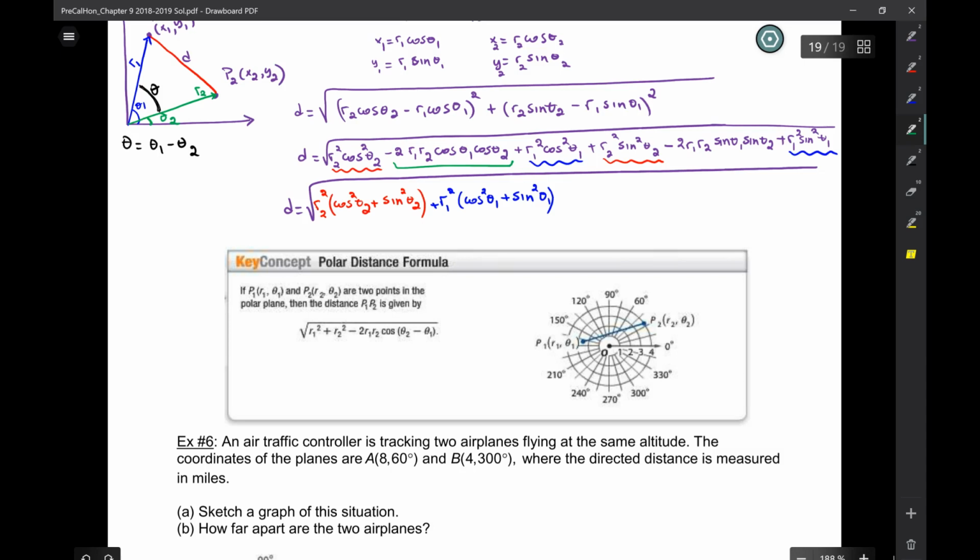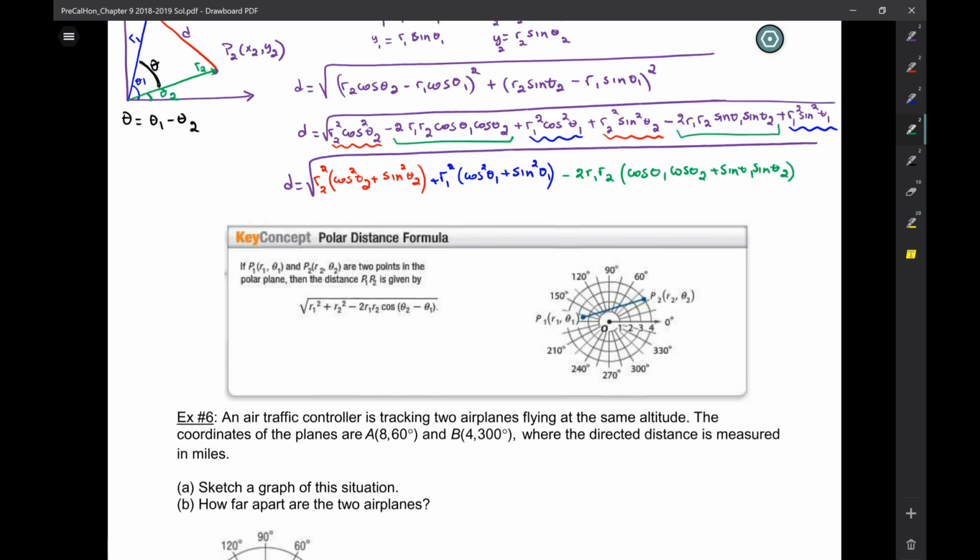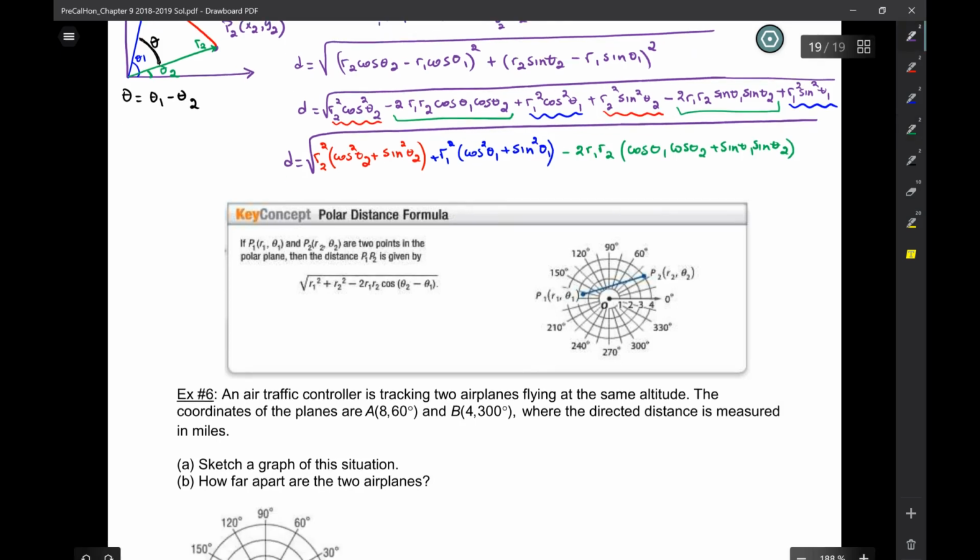Minus 2R1 R2 this stuff, minus 2R1 R2 that stuff. What can I factor out of the green ones? Minus 2 R1 R2, cosine theta 1 cosine theta 2 plus sine theta 1 sine theta 2. Which is cosine. Oh my, look at that. That's an identity. Okay, so let's go slow here.